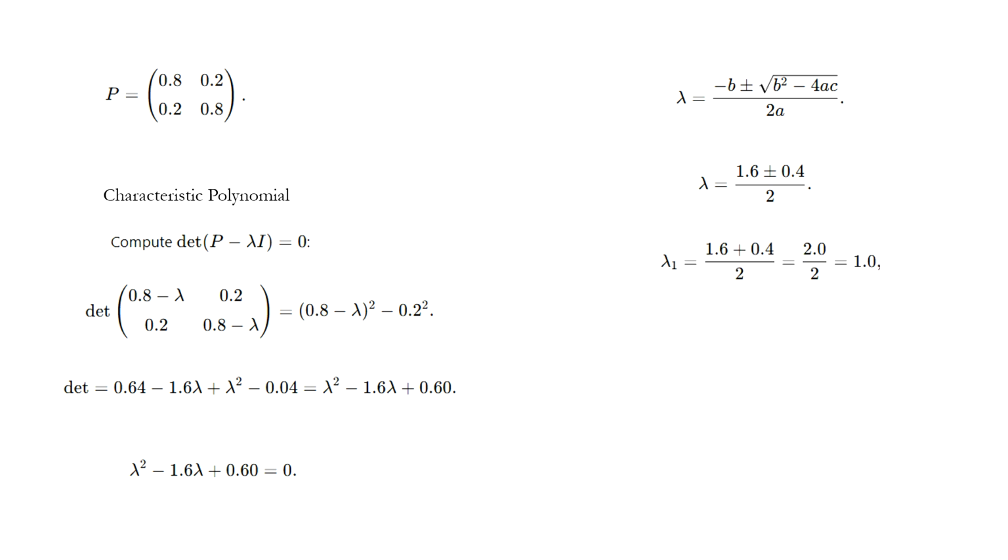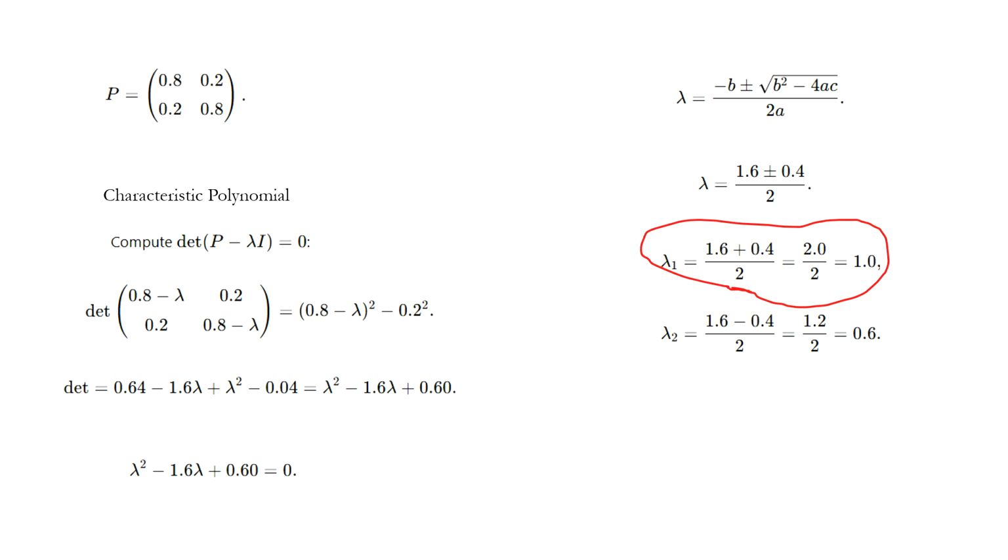We get lambda 1 is 1, right? Because we've got two of these that we have to solve for. And then we get lambda 2 is equal to 0.6. Here's the thing though.